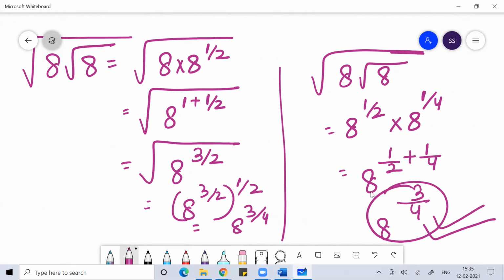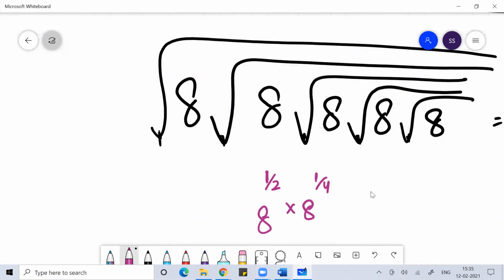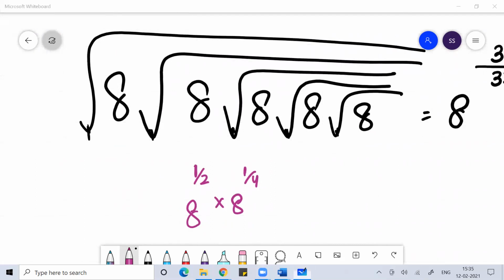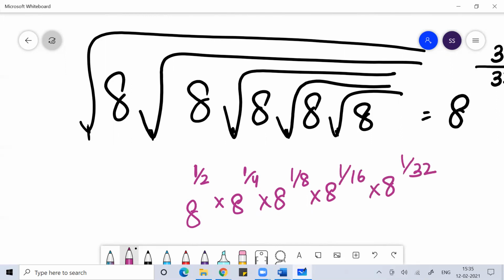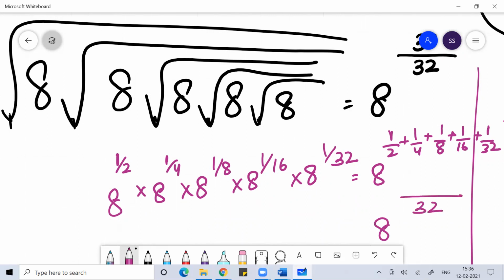The same thing what you saw here, the same logic I'm going to use here: a to the power 1 by 2, a to the power 1 by 4, a to the power 1 by 8, then a to the power 1 by 16, and a to the power 1 by 32. So I can write this as a to the power 1 by 2 plus 1 by 4 plus 1 by 8 plus 1 by 16 plus 1 by 32. Either you solve by manual calculation by taking LCM. LCM is 32.